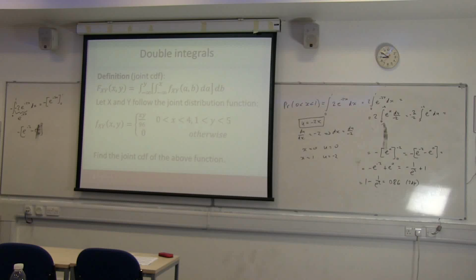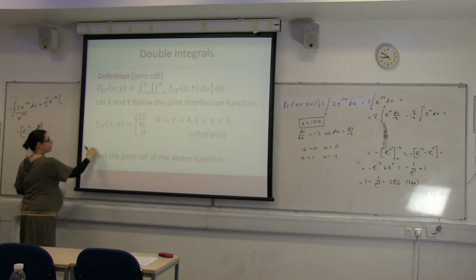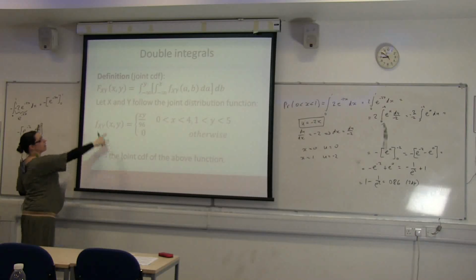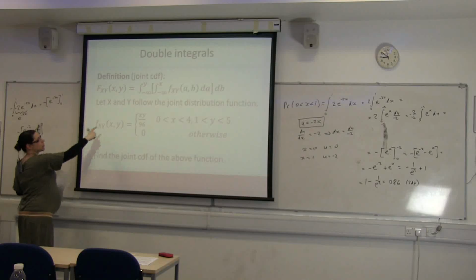The joint is just another version of doing the same thing, but with two variables. So you've got the joint distribution function defined by this, and finding the joint CDF is just applying that formula for the specific function.